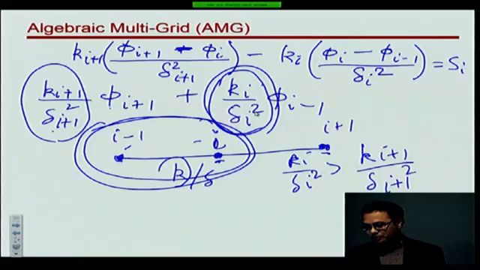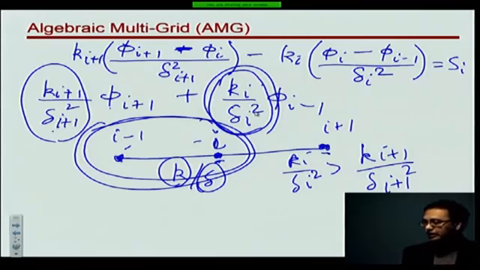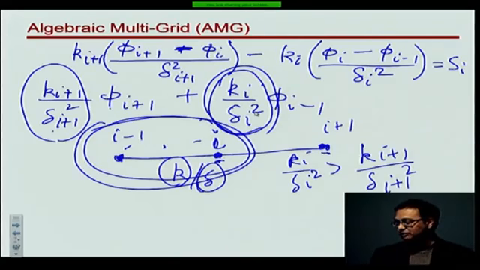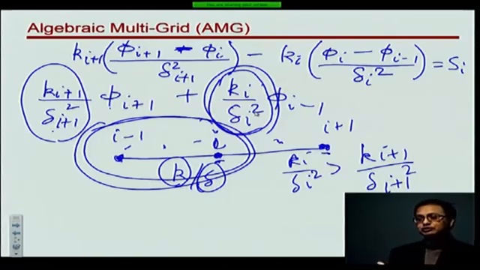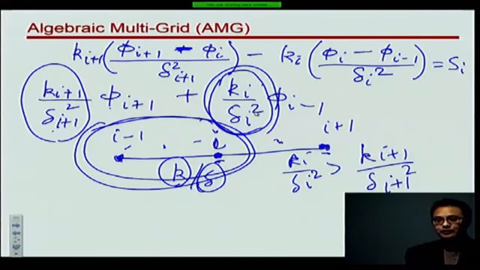Another option is when delta in one case is much smaller. If this delta is much smaller than that delta, then these two nodes are physically much closer, and it makes much more sense to agglomerate them. Either way you apply the logic, that ratio dictates which ones you want to agglomerate.